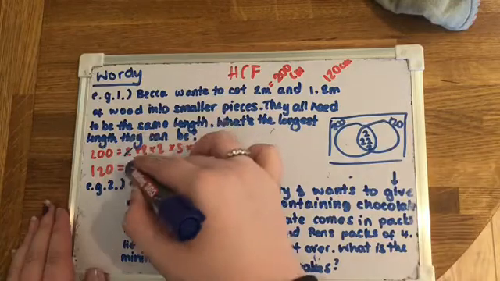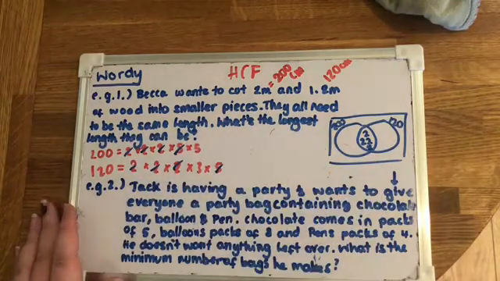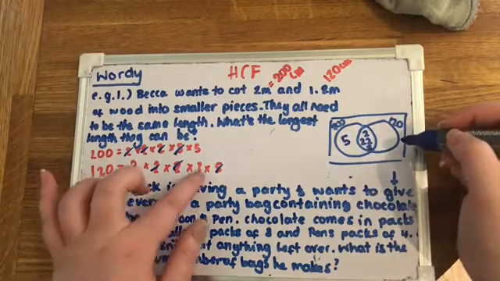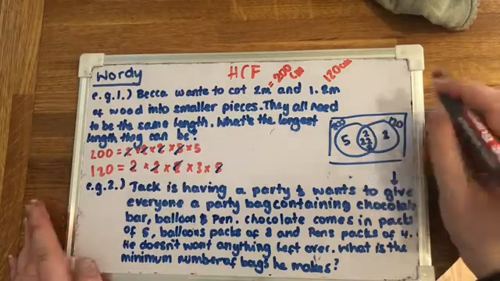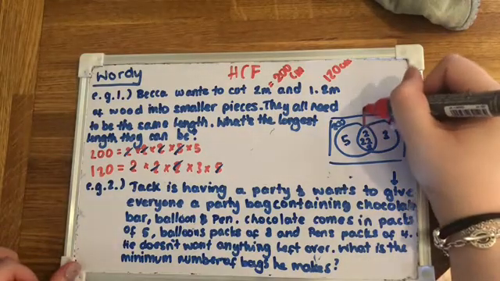Okay, so 200's got another 5 left over, so we put that there, and the 120 has a 3 left over. As I said before, the highest common factor is the numbers in the middle multiplied together.